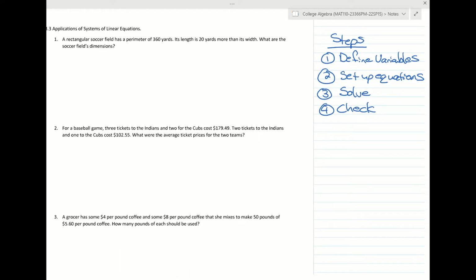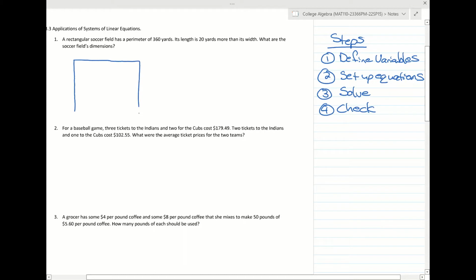Problem number 1, it says a rectangular soccer field has a perimeter of 360 yards. Might be a good idea to draw that out. There's a rectangle. We know the perimeter is 360, so I'll put that in the middle. A rectangle has a length and a width.